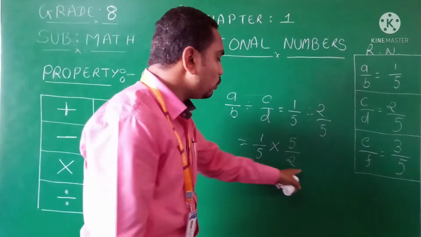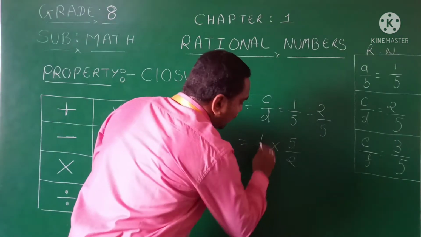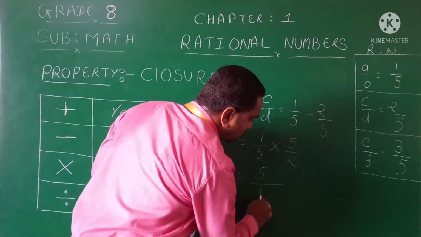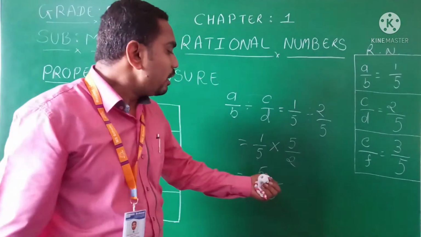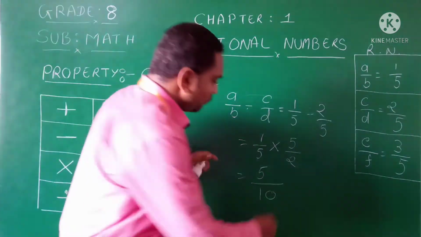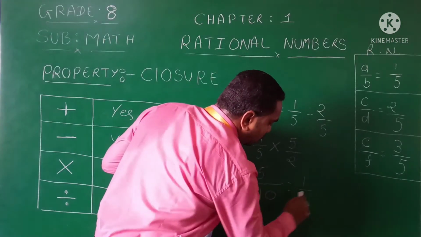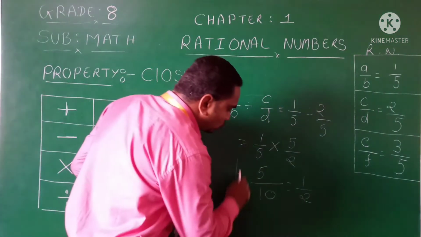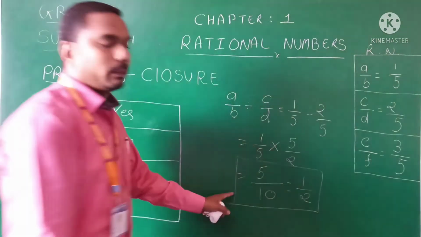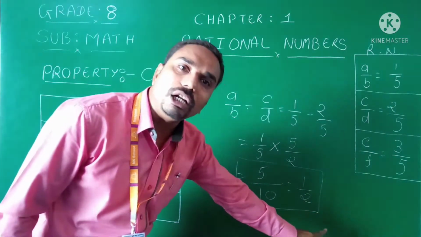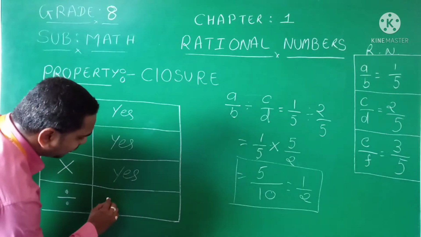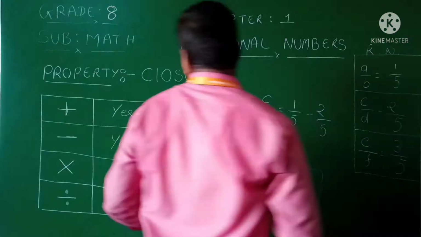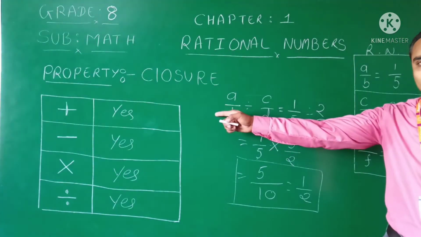So, 5 ones are 5, 5 twos are 10. So, 5 upon 10. We can easily write 1 upon 2. So, both of these formats are a rational number. So, here also we can say that for a division, the closure property is applicable.